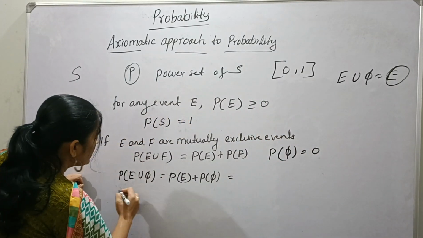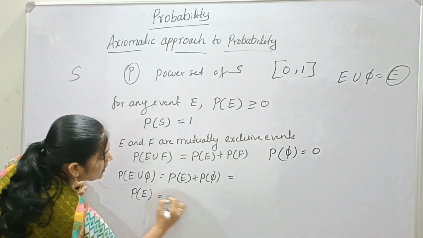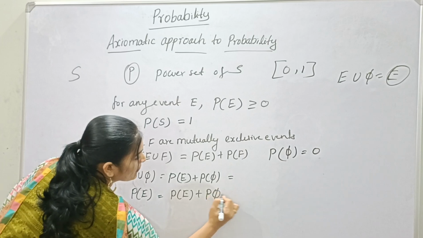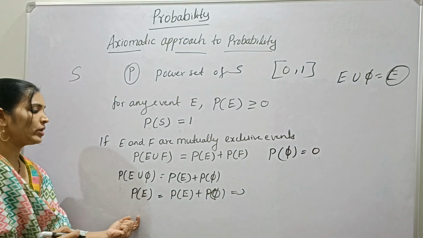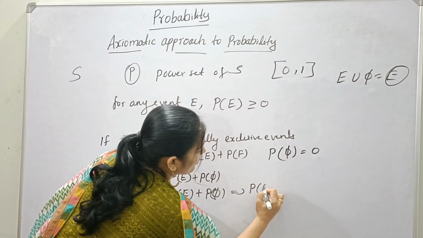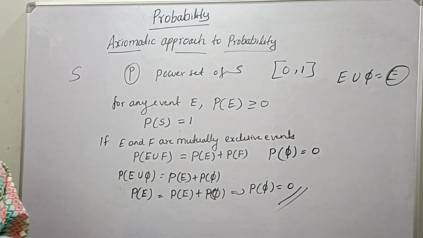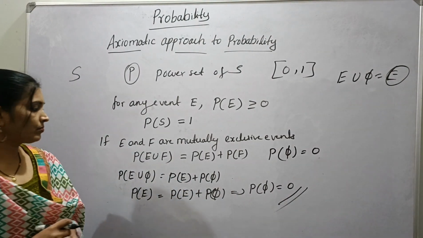Therefore, probability of E union phi is probability of E, which is equal to probability of E plus probability of phi. That implies probability of phi is equal to 0. That is, the probability of the empty set is 0.